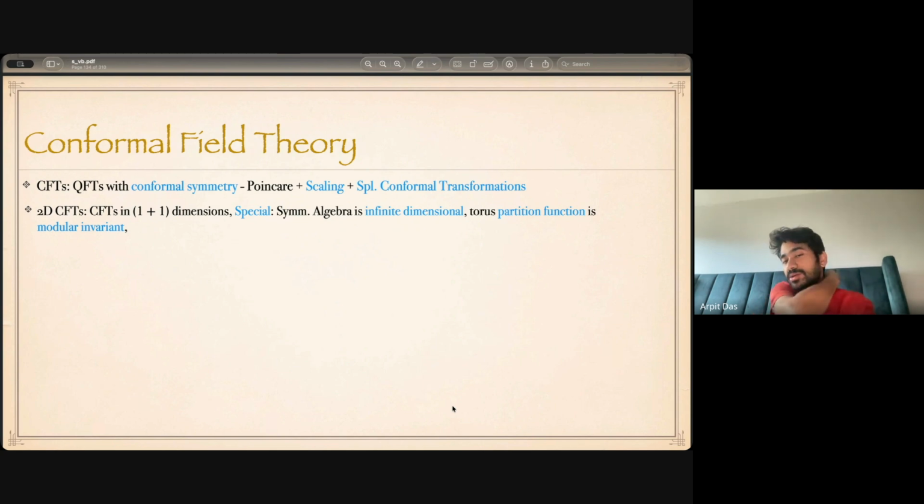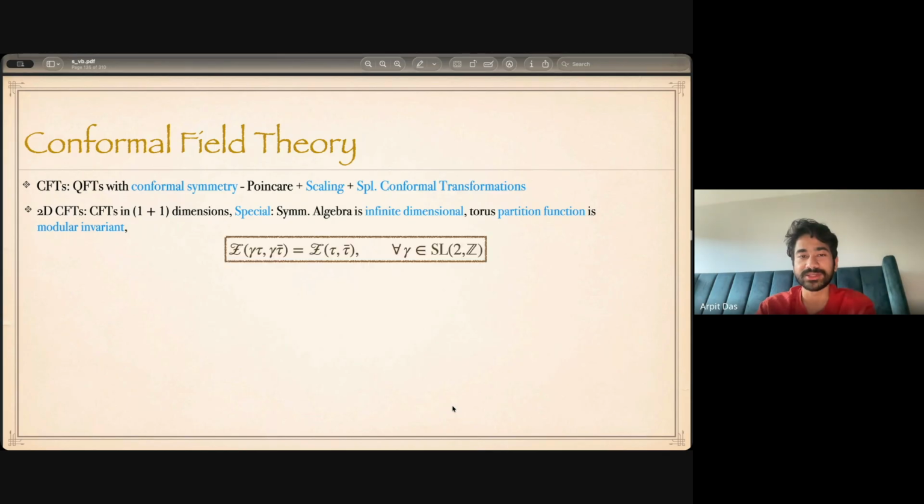Because you are on a torus, your theory should be invariant under the diffeomorphisms of the torus, and these are captured by what is called the modular group. This is why if you write down an action or a path integral on a torus, it should be modular invariant. So the partition function that you write down will be modular invariant, and SL2Z is essentially the modular group that captures diffeomorphisms on a torus. So you get these nice constraints that help you to solve your two-dimensional CFT completely.